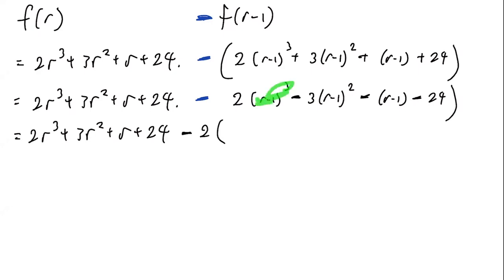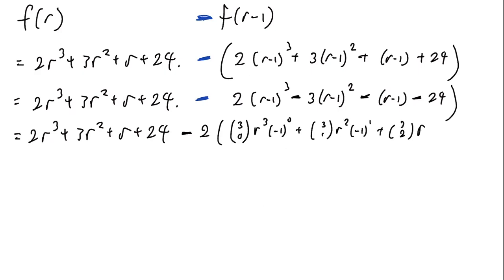So (r minus 1) to the power 3 is really just r cubed... okay, maybe I'll just use the formula. 3 choose 0 times r to the power 3 times (-1) to the power 0, plus 3 choose 1 times r to the power 2 times (-1) to the power 1, plus 3 choose 2 times r to the power 1 times (-1) to the power 2, and the last one is 3 choose 3, r to the power 0, (-1) to the power 3. Make sure you have a countdown 3, 2, 1, 0 for the r powers, and a count up 0, 1, 2, 3 for the other. I'm going to simplify this straight away.